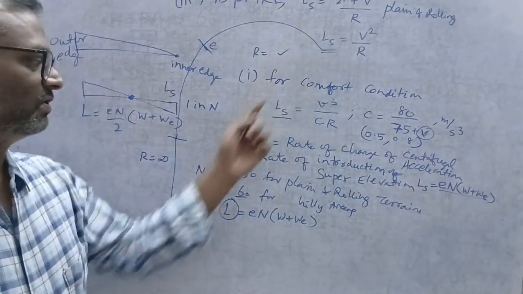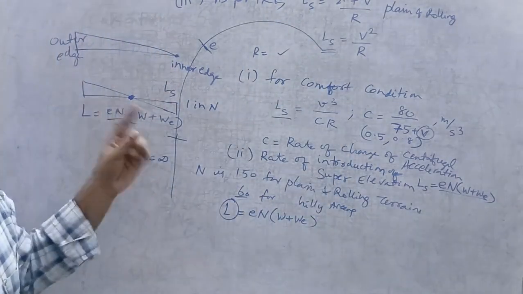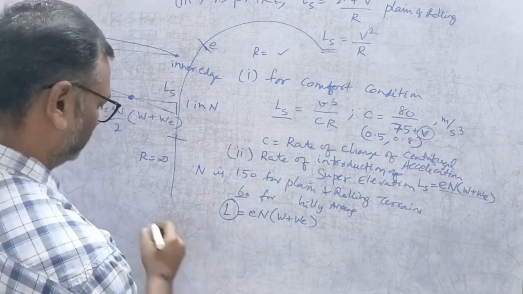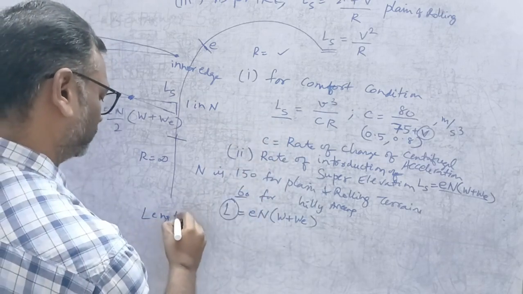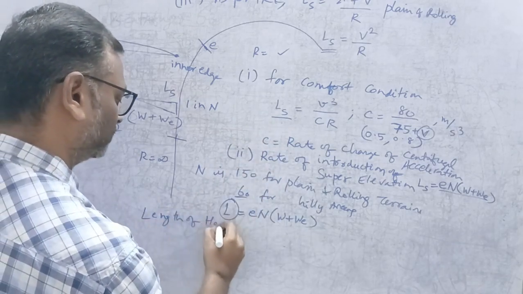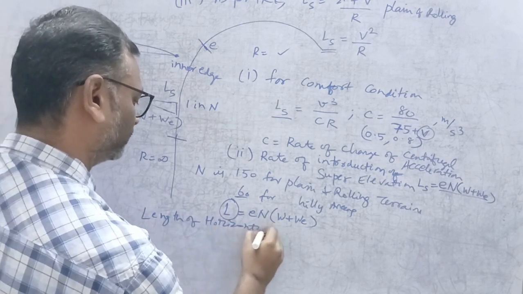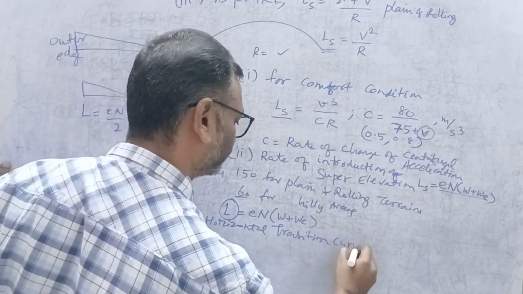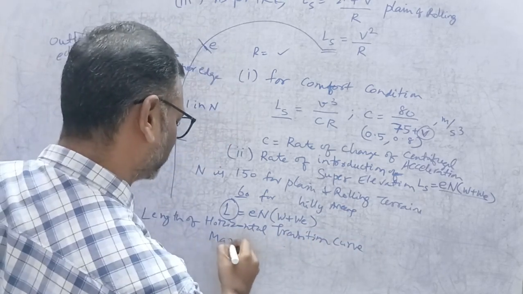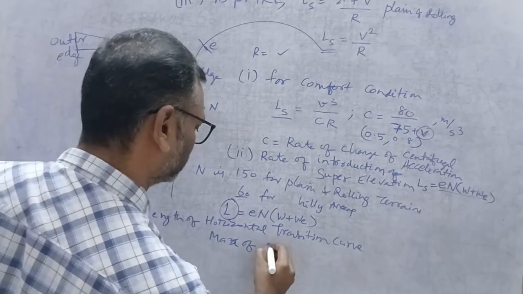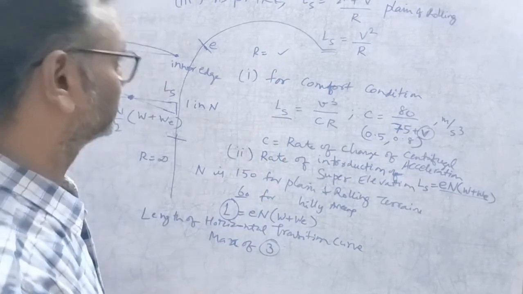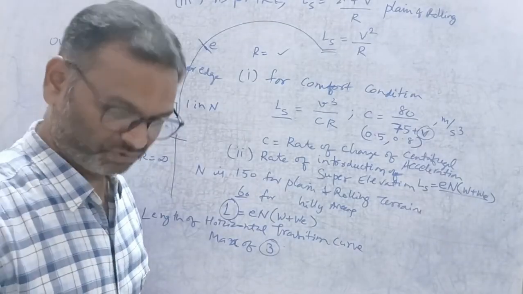Whatever is the maximum of these three values, you have to adopt that one. So finally, the length of the horizontal transition curve is the maximum of these three, 1, 2 and 3. So that is regarding the length of the transition curve.